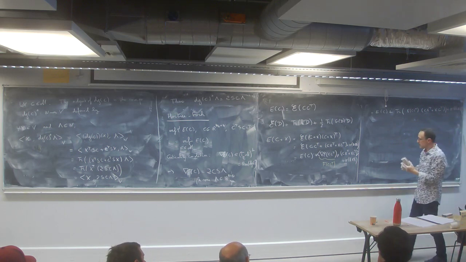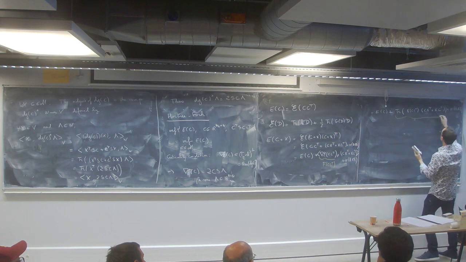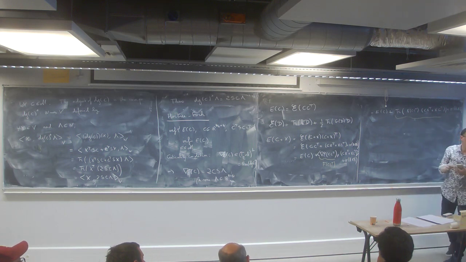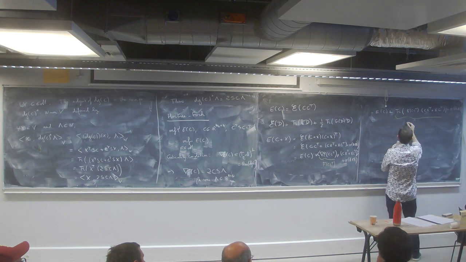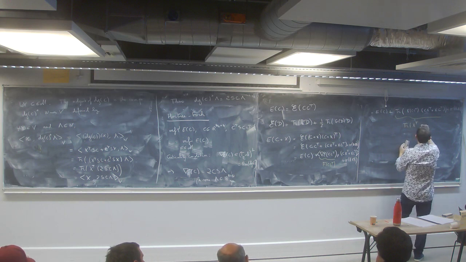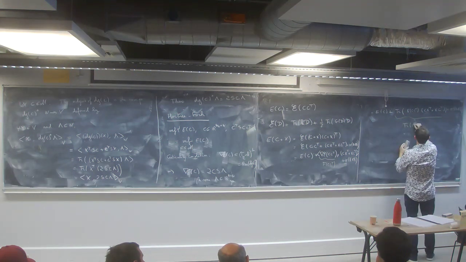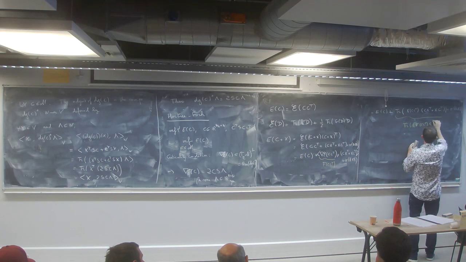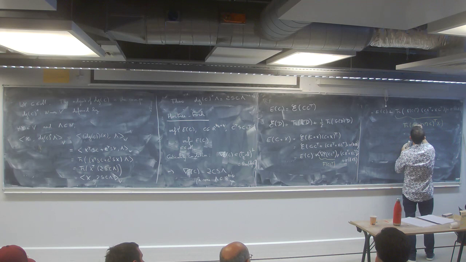And using always the same trick, I use the trace of A transpose equal trace of A, and the cyclicity of the trace. I find that this is a trace of X transpose F of CC transpose C, with a factor 2 here.